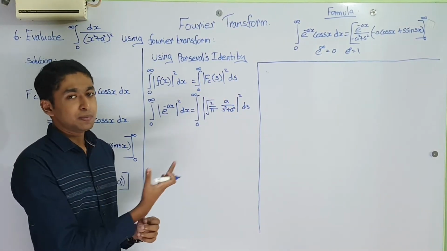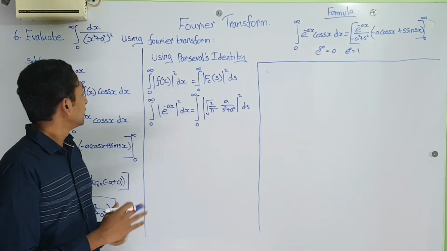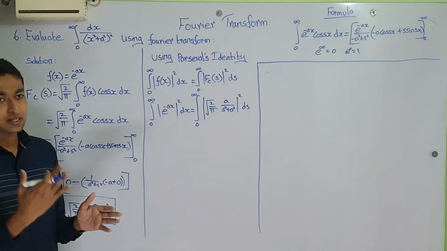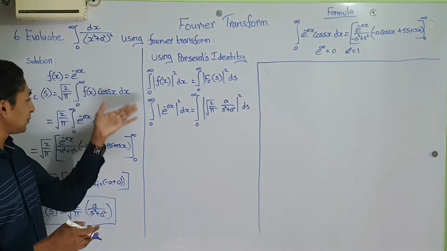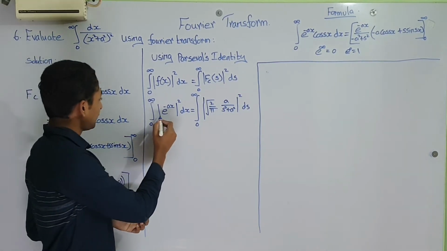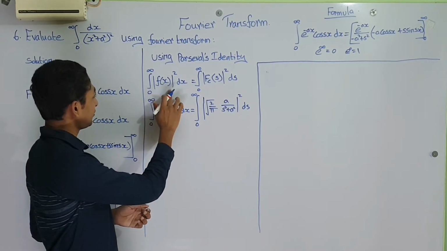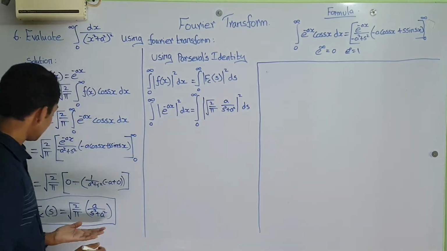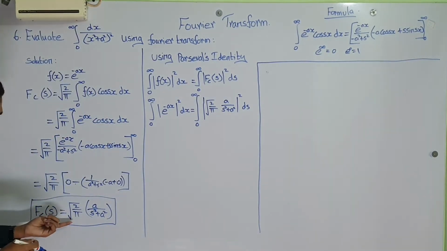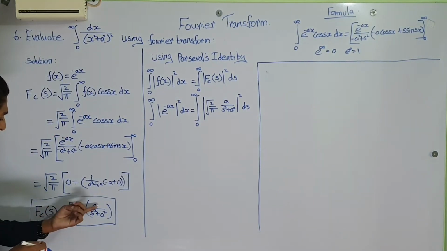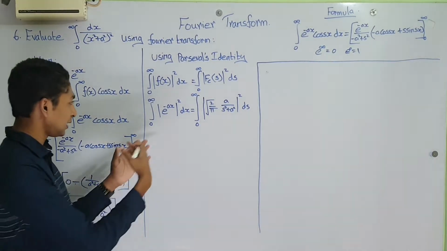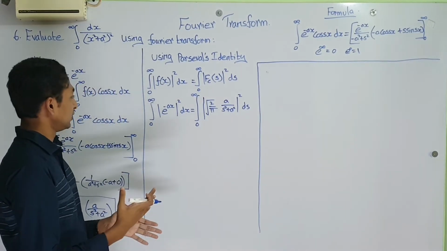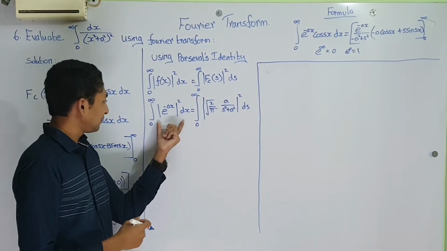Now I am going to apply the values for these terms. f of x is e power minus ax, the whole square, and Fc of s which we have found is root of 2 divided by pi, a divided by s square plus a square, squared, ds. Now look at the left hand side.